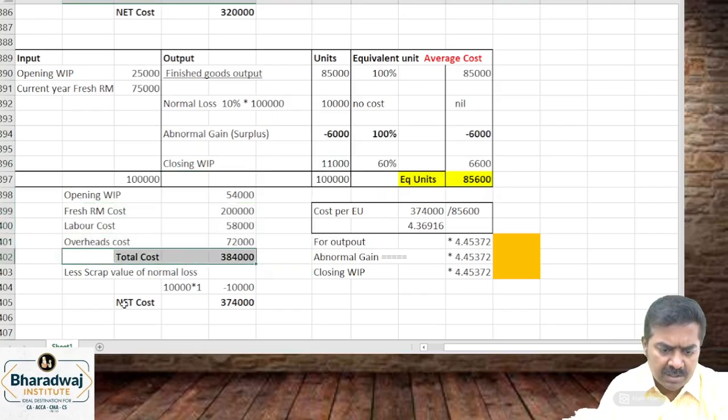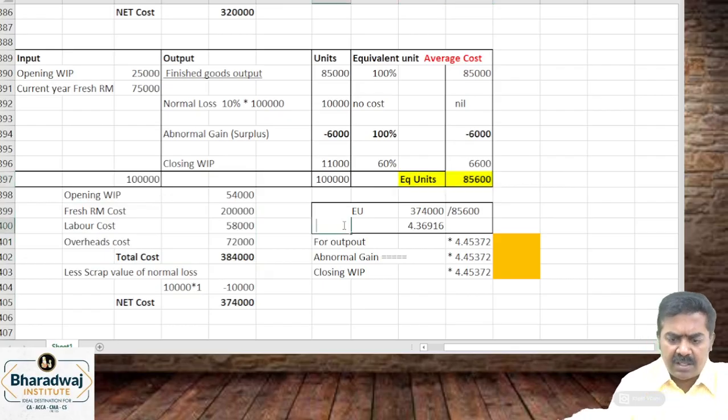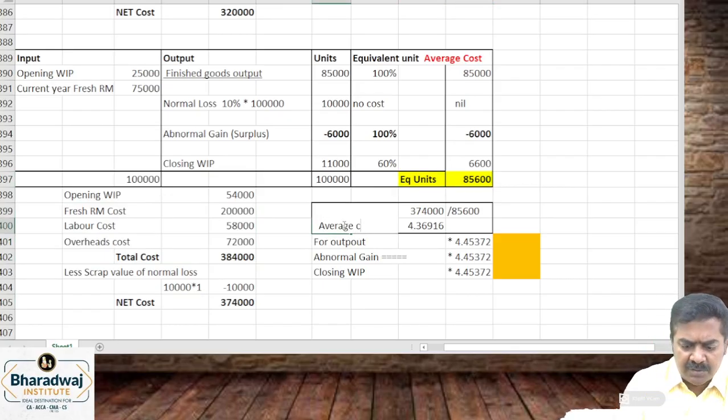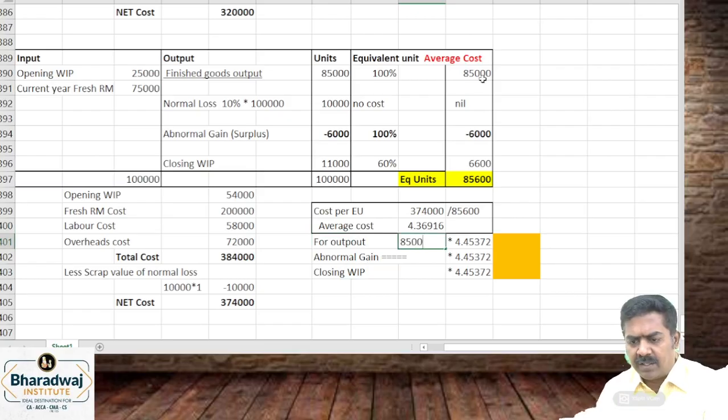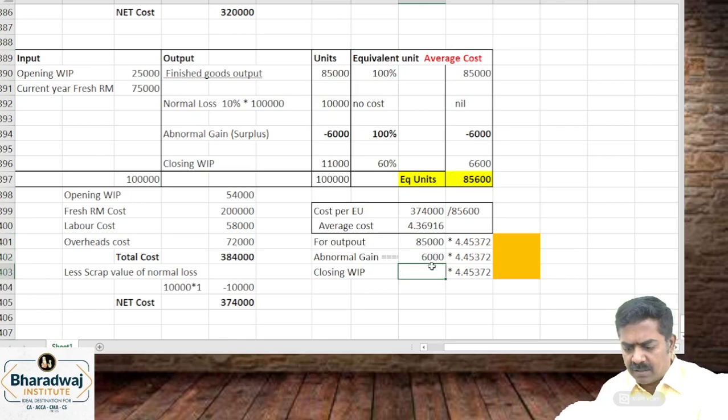This is total cost. Net cost divided by equal unit will give us the average cost. Earlier it was FIFO cost, now it is average cost per unit. So for output transferred, 85,000 equivalent units into this rate. Abnormal gain, 6,000 into this rate. Closing WIP, 6,600 into this rate.